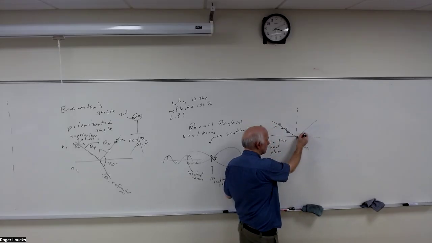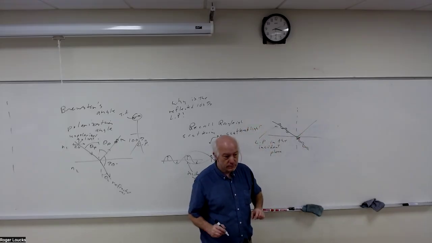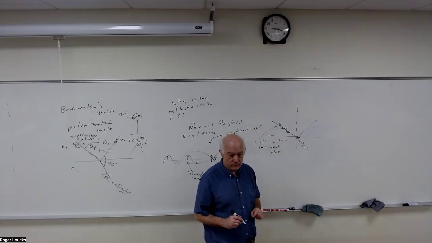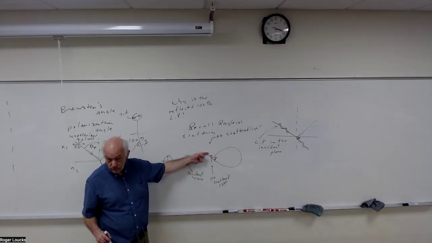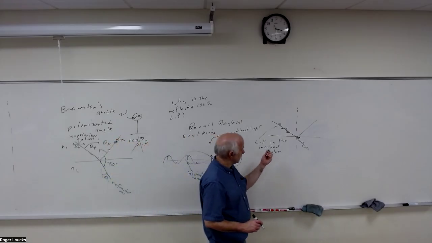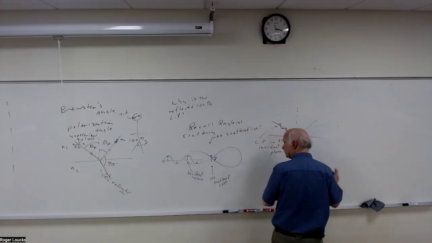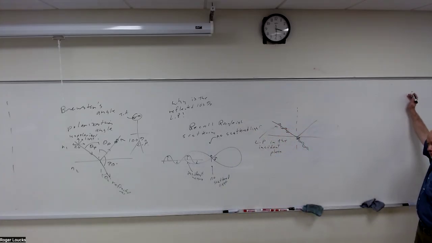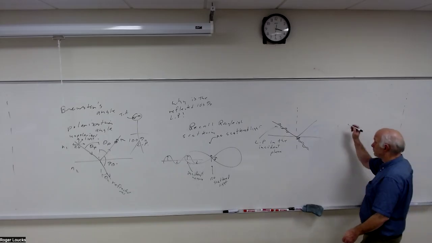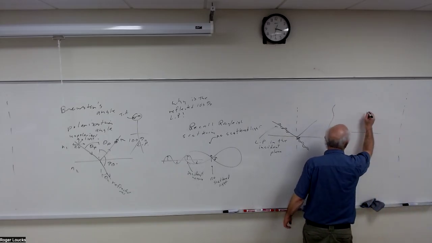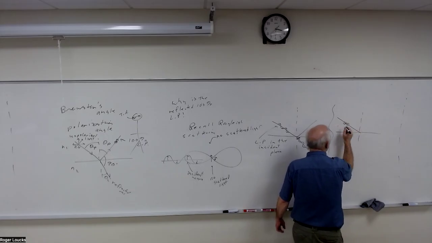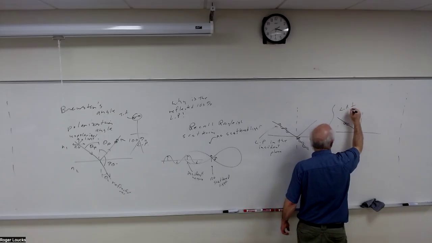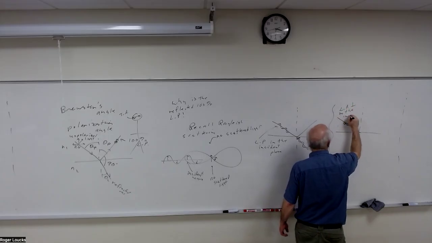What do you know about this direction and that direction? They're in the same direction, so there's no light emitted. Whereas if you have light linearly polarized perpendicular to the incident plane, the dipole emits.